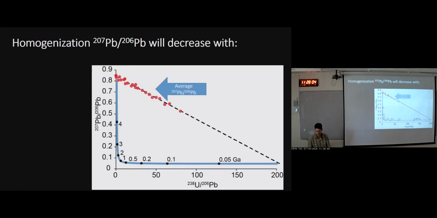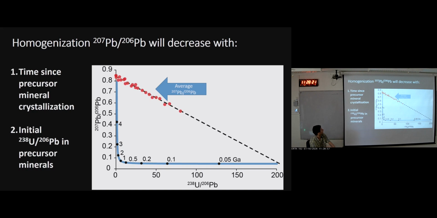Okay, let's take this a step further and think about what controls the deviation of initial lead from the original initial. Well, two things. First of all, how much time has passed between mineral crystallization and alteration.